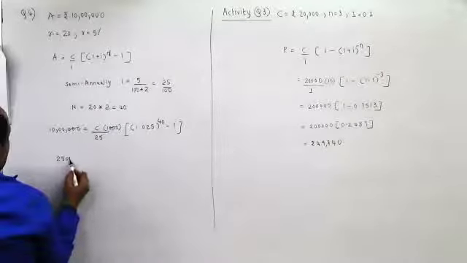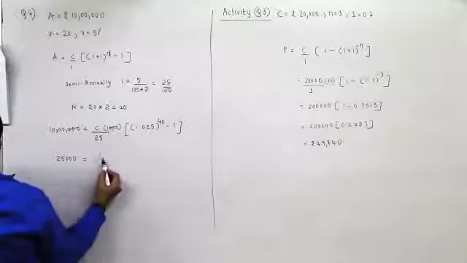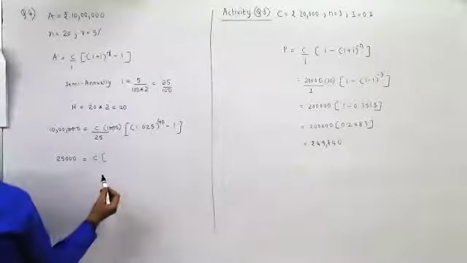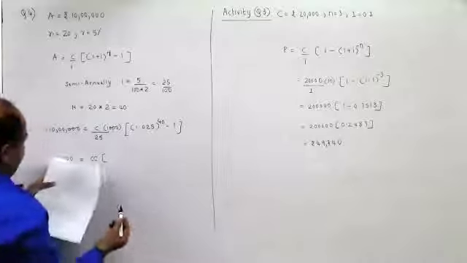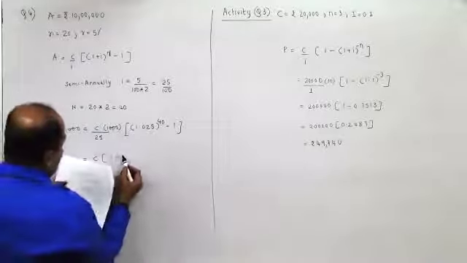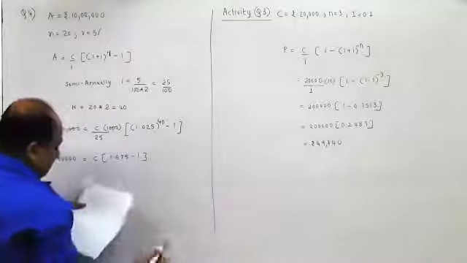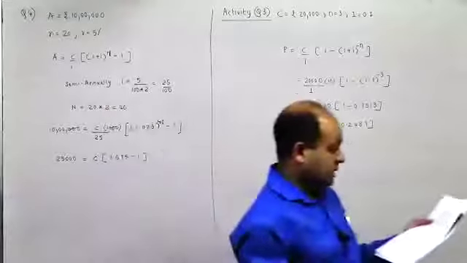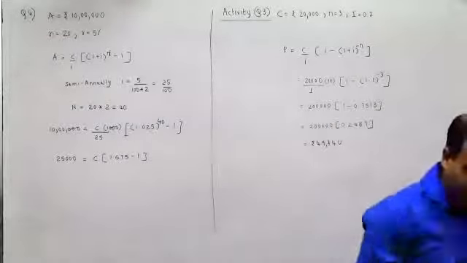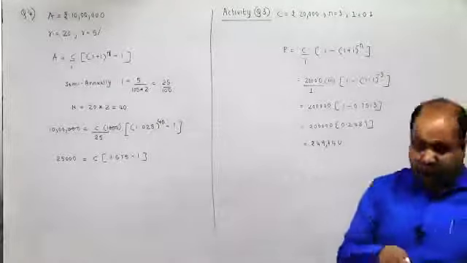This is 25,000 equals C into 1.025 raised to 40. Can someone verify, is it 1.675 on the calculator? 1.025 raised to 40.